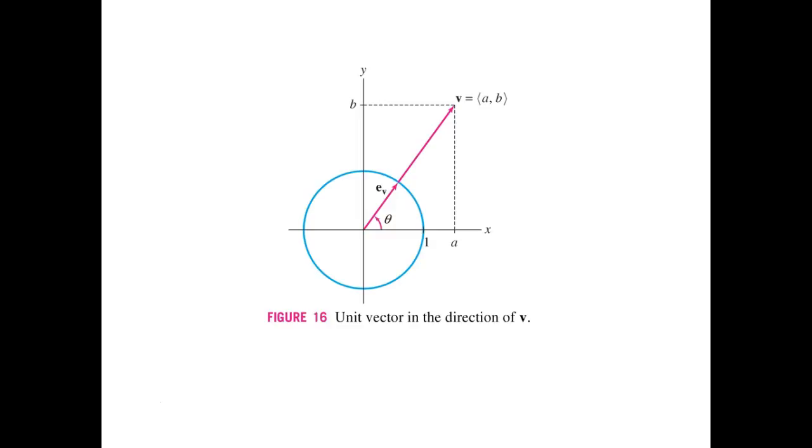Now, how do we get the unit vector in that direction? We did it a little bit earlier with the algebraic form. It's this vector divided by what? The magnitude of v. And what would be the magnitude of v if its components are a and b?